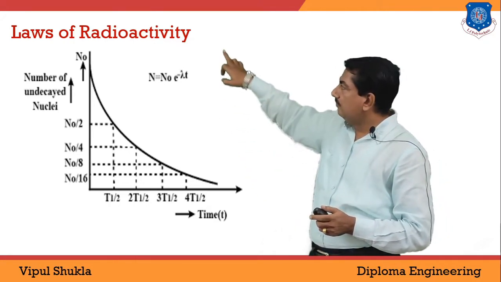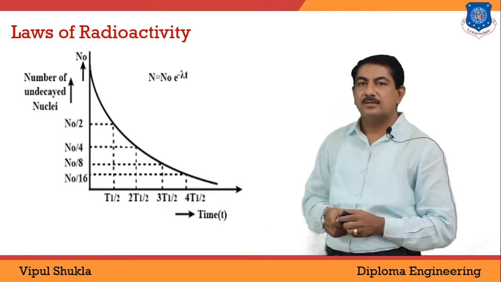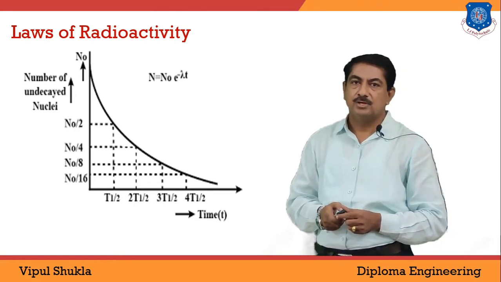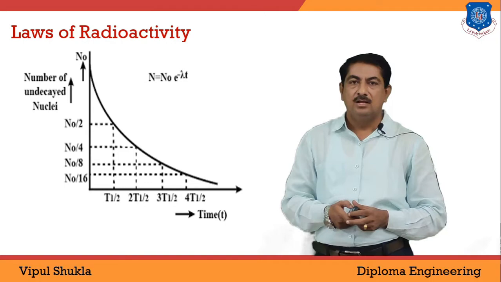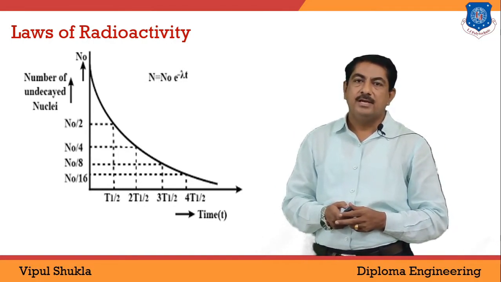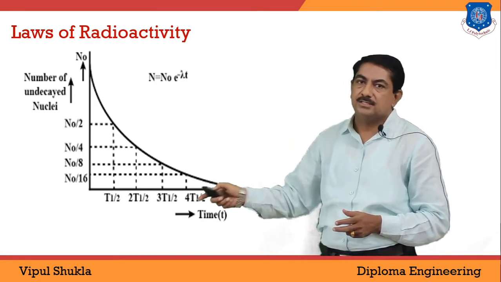Here we get the exponential form, which gradually decreases, or we can say it exponentially decreases. So the number of parent nuclei emitting from heavy nuclei like uranium or carbon 14 gradually decreases. That's why it is in decreasing form.